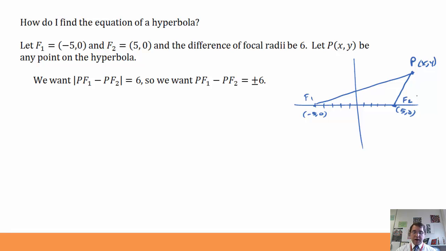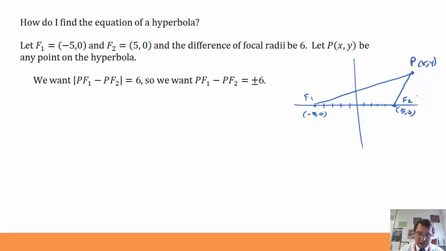So if I have an absolute value equation equal to a positive number, how do I get rid of that absolute value? You remember from last semester that an absolute value equation equal to a positive number means I have two equations, one with a positive number, one with a negative number. So PF1 minus PF2 equals plus or minus 6. Just like we did with circles, parabolas, and ellipses, let's apply the distance formula for each of those two distances.